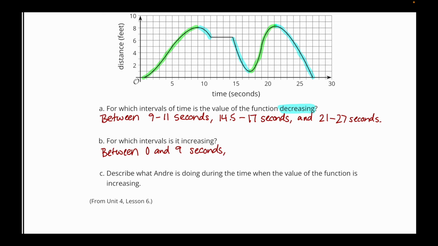Seconds, and it was 17 through 21 seconds. Okay. And now part C is asking us to describe what Andre is doing during the time when the value is increasing. So if the value is increasing, he's increasing the distance from his bike.